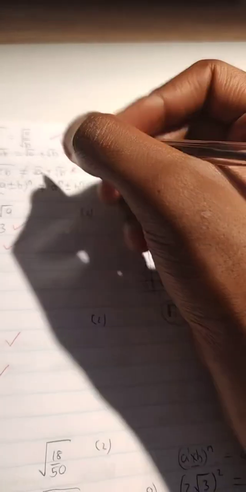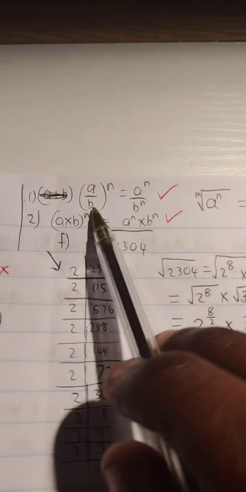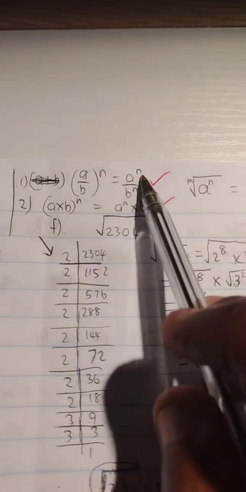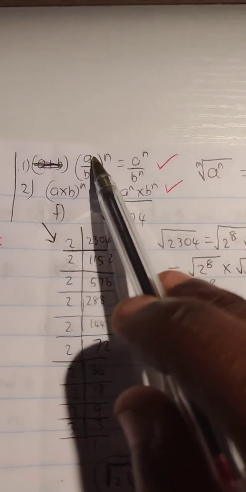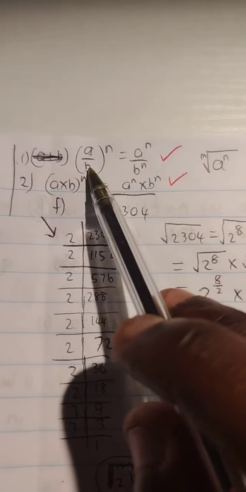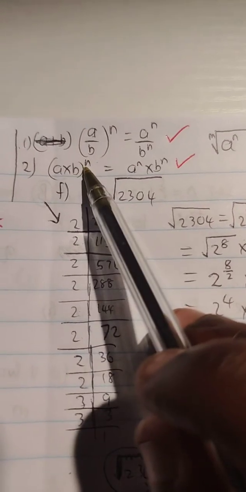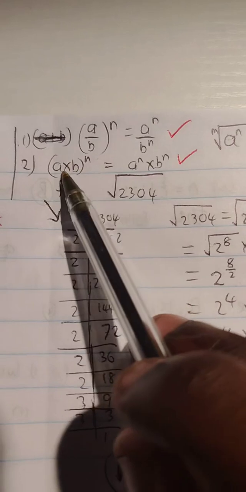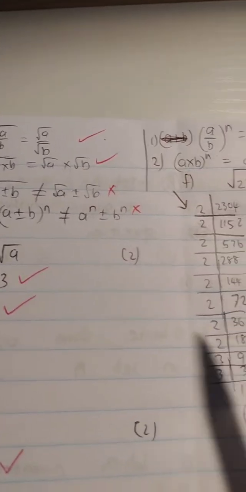That's a no-go zone. So you can split the exponent for division of bases. The exponent is distributed to the numerator and the denominator. You can split the exponent by multiplication if the bases are multiplied, but you cannot do that with addition and subtraction. It's a no-go zone.